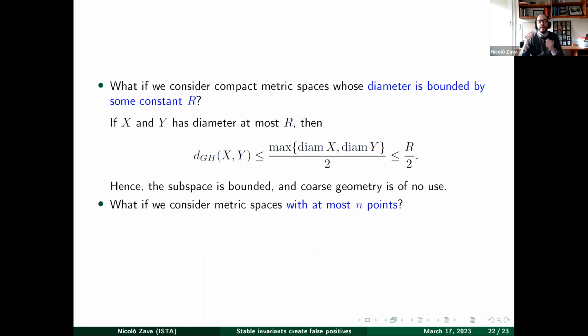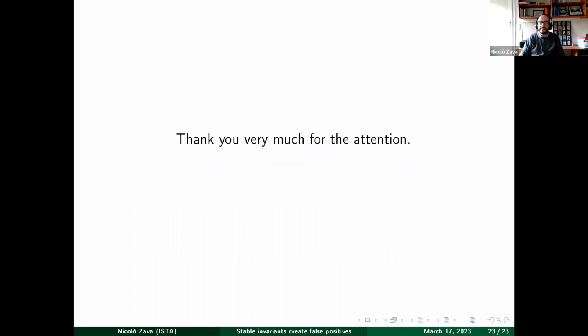So we say metric spaces of at most n points. Can we say something? Those are the two next directions that we want to investigate. And with that, that's it. Thanks for the attention.